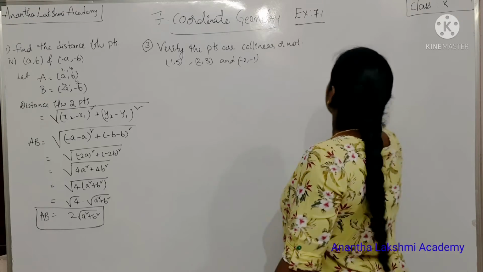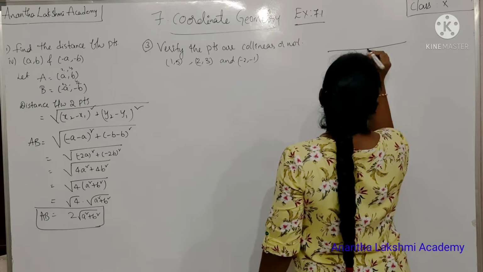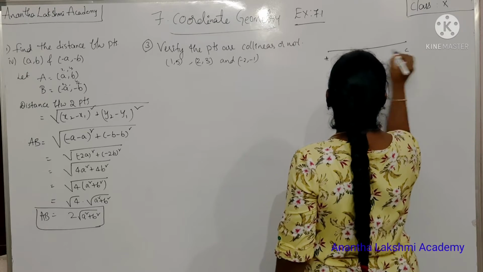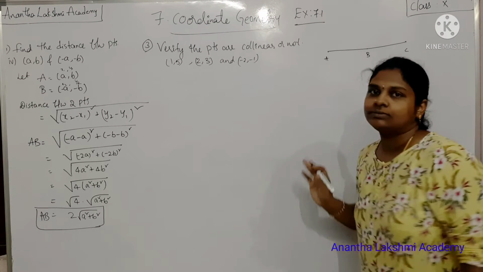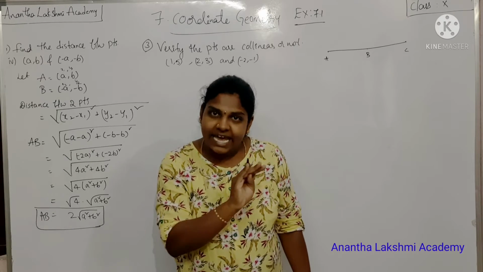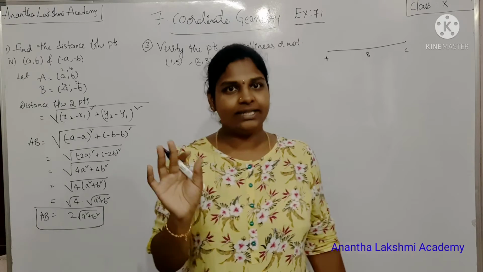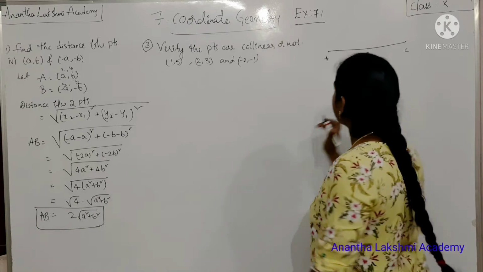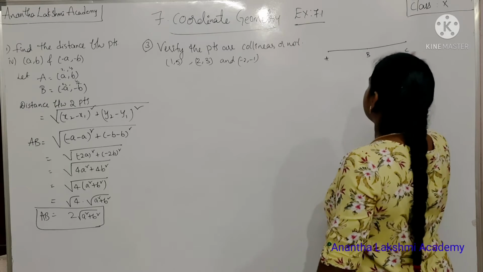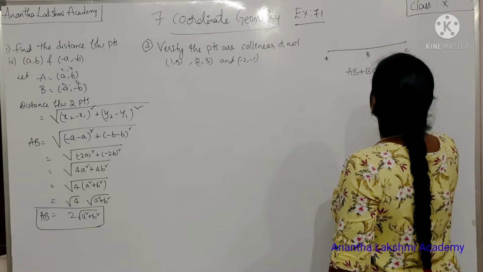Let us assume 3 points A, B, C. A, B, C are points lying on the same line. When 3 points lie on the same line, they are said to be collinear. If you observe this, AB plus BC is nothing but AC.